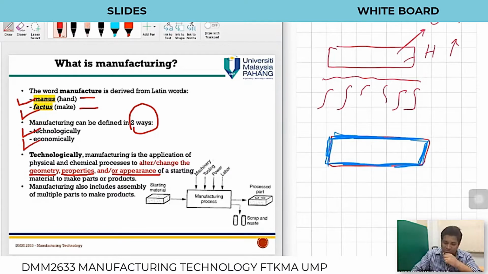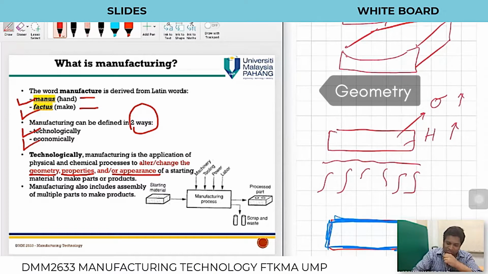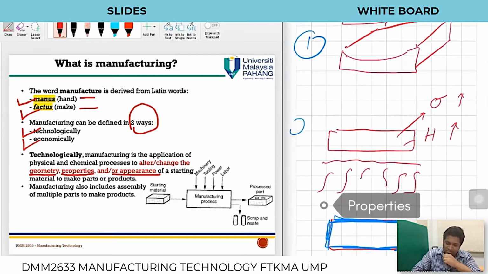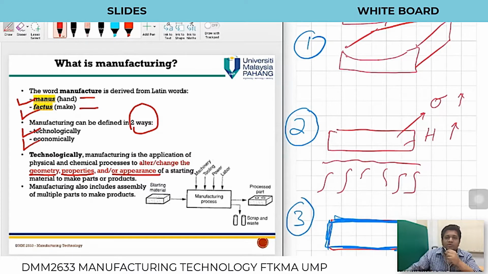So these three things, number one geometry, number two properties, and number three appearance, when we change these for a product, for a raw material, then this is called manufacturing in terms of technology. Manufacturing also includes assembly.